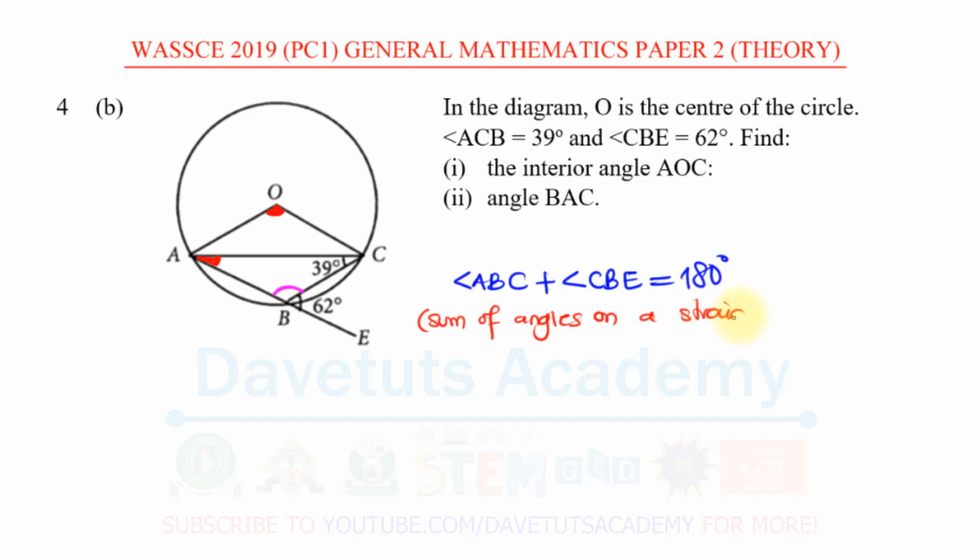Okay, it's always good to give the reason why you are writing out your postulates when solving for circle theorem. So now that means I can get ABC.